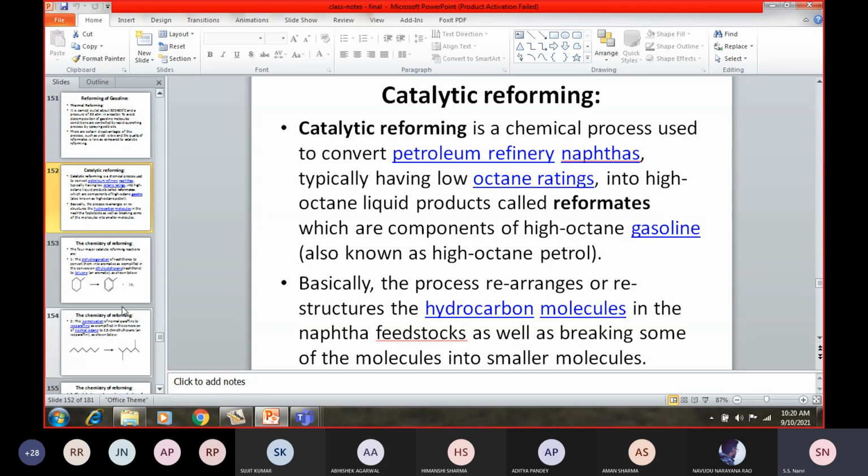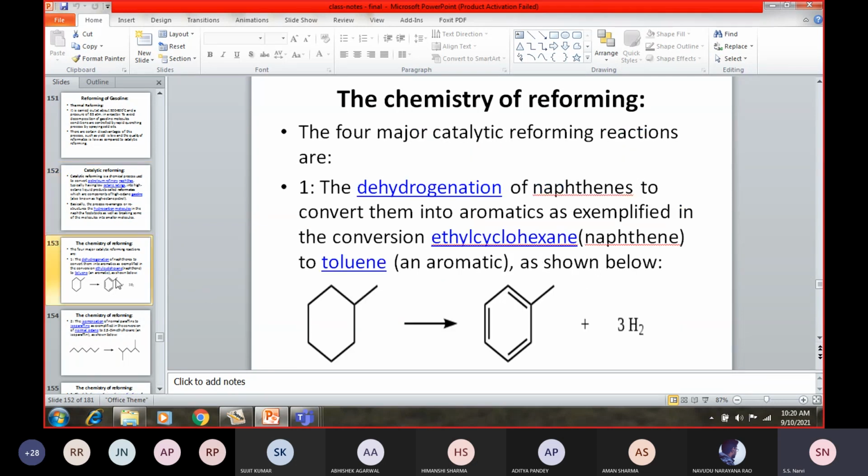Four main reactions take place in the reforming process. One is the dehydrogenation reaction, where the cycloalkane molecules are converted into benzene type or aromatic compounds with the removal of hydrogen gas, where the octane number of this molecule is very low.